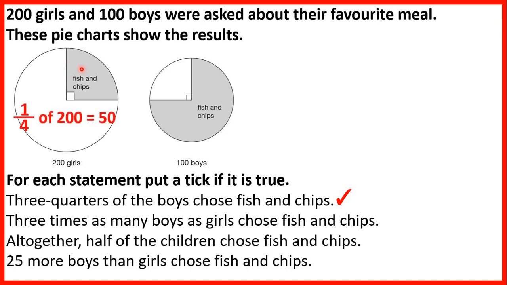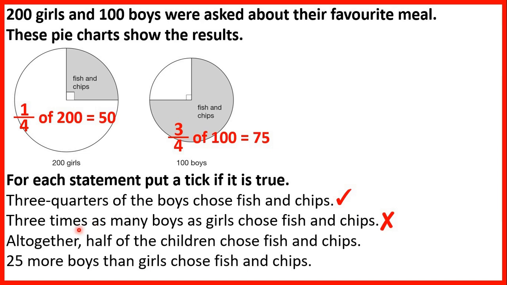So for girls, 1/4 chose fish and chips, and 1/4 of 200 is 50. 200 divided by 4 is 50. And then for boys, 3/4 chose fish and chips, and 3/4 of 100 is 75. 100 divided by 4 is 25, times 3 is 75. Now 75 is not 3 times as large as 50, so this statement is false.